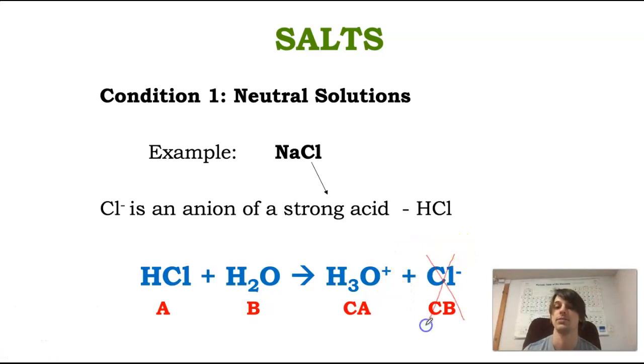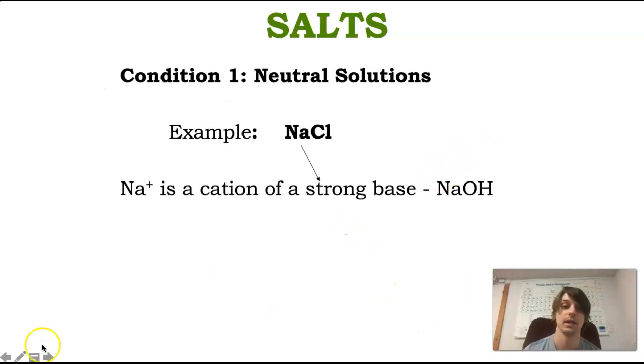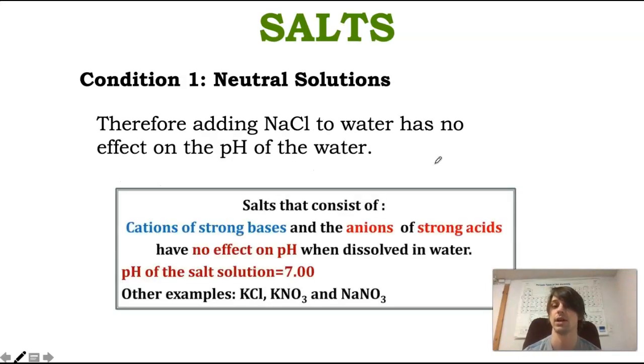Therefore, it doesn't affect the pH. Na is such a weak conjugate acid, okay, from NaOH, it doesn't affect the pH as well. So if I have NaCl, I'm looking at the cation to see if it is going to be acidic. I'm looking at the anion, the negative ion, to see if it's going to be basic, okay? Neither one of these affect it. So again, cations of strong bases and anions of strong acids have no effect on the pH.